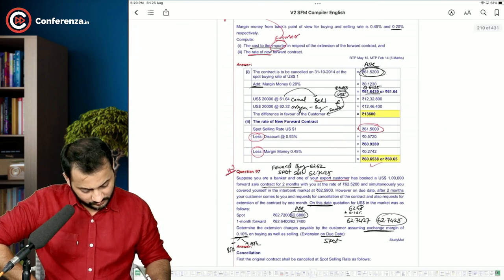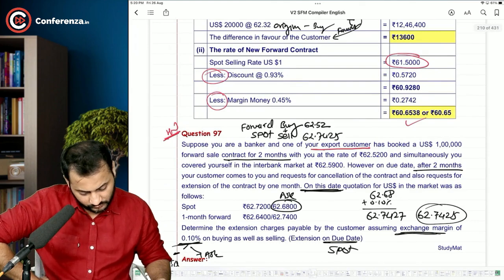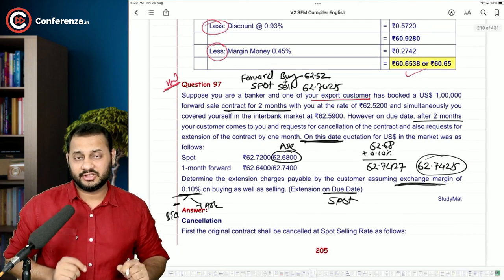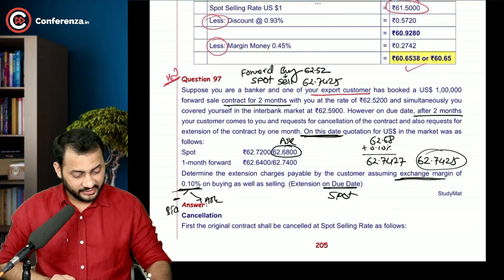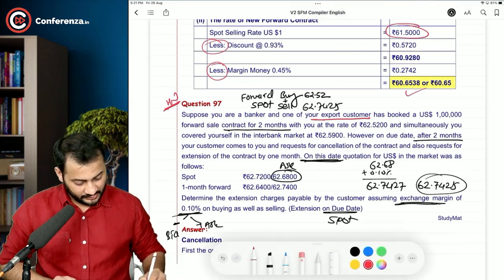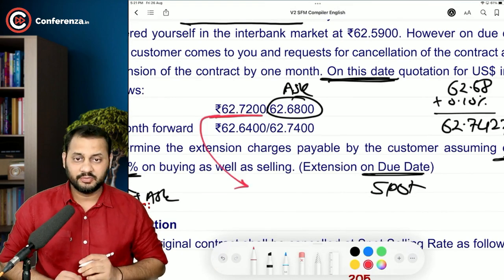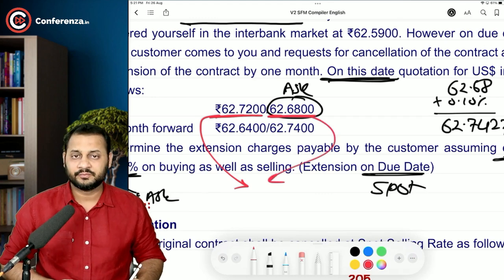62.72. Why 72? Now this was that question that I told you in the very first lecture, that by mistake the institute had the larger number on the bid side and the smaller number on the ask side.